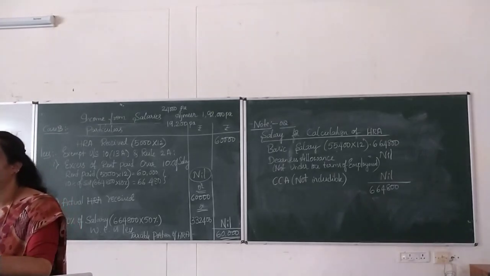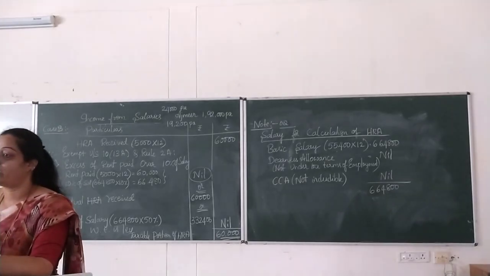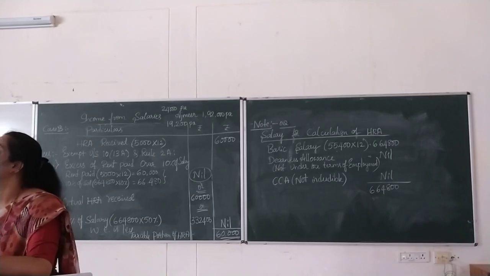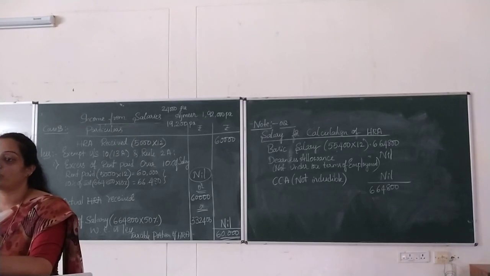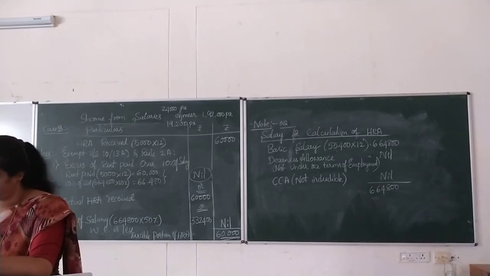So the DA of 19,200 we should add, because they have given that it is considered as basic salary for computation of all retirement benefits. So that's why we have to add DA 19,200, plus commission 7% on sales made by him.